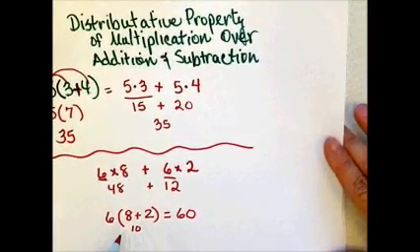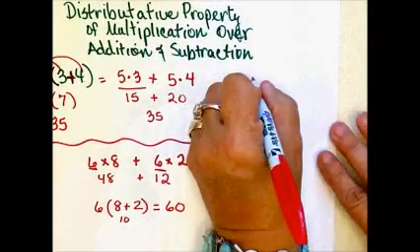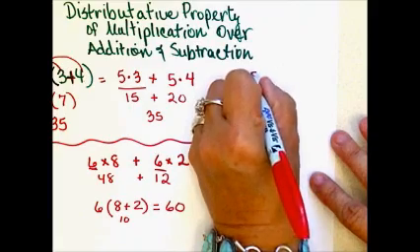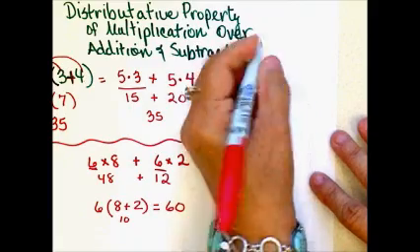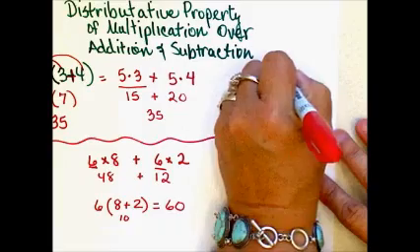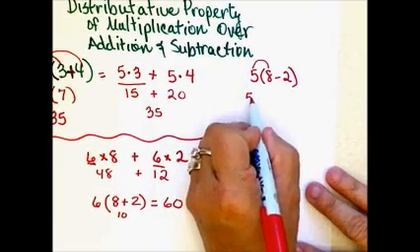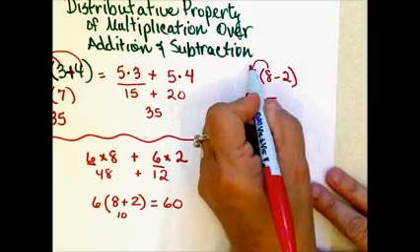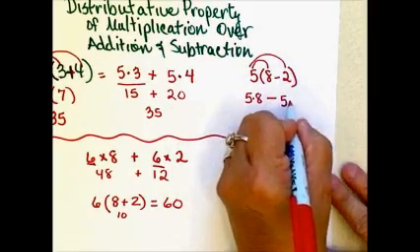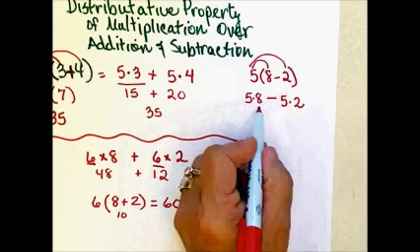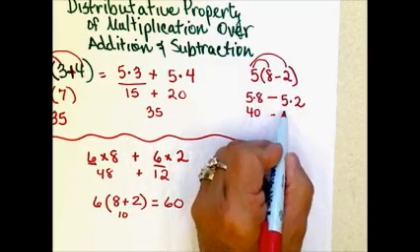Or if I had 5 times the quantity 8 minus 2. So distributive would say 5 times 8 minus 5 times 2. And 5 times 8 is 40 minus 10 is 30.